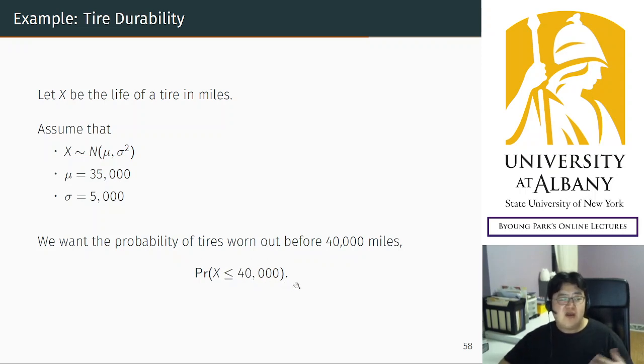And then you know what we need to do. We have to standardize the non-standard random variable into standard normal distribution, and then we will use table or calculator or Excel or whatever program you use.